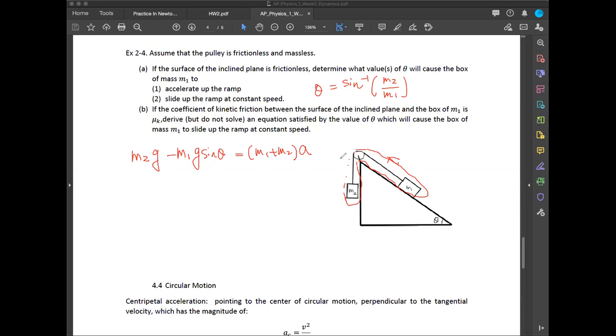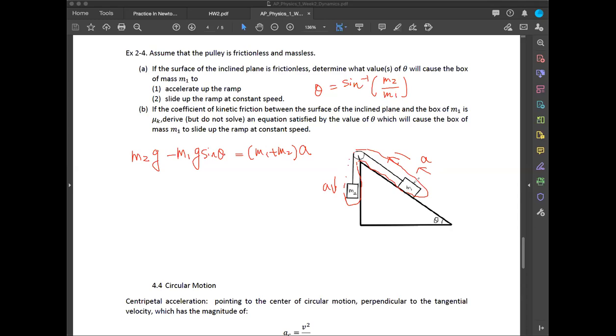Since the shape is changing, for different parts of the system the direction of acceleration is changing, but the value has to be the same. This one has acceleration downward, and M1 is accelerated upward. Even though they have different directions, the magnitude has to be the same, otherwise it cannot move altogether.